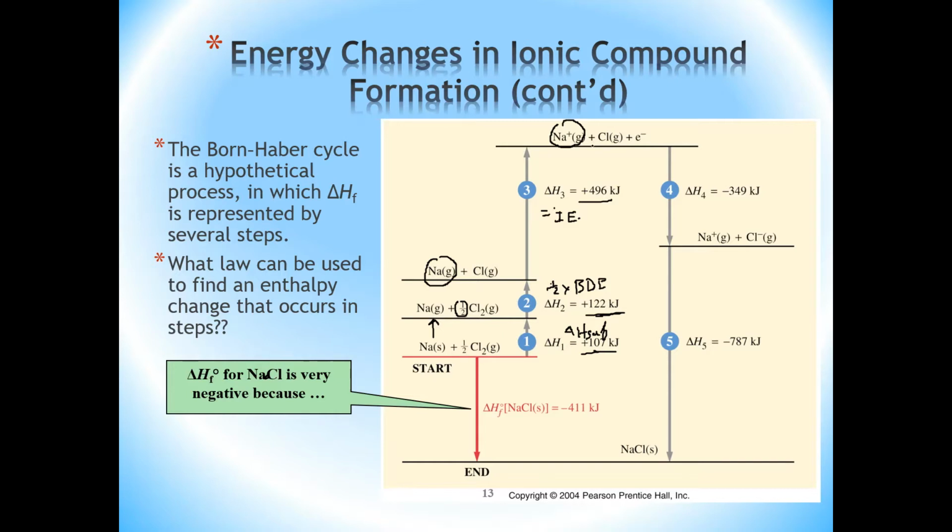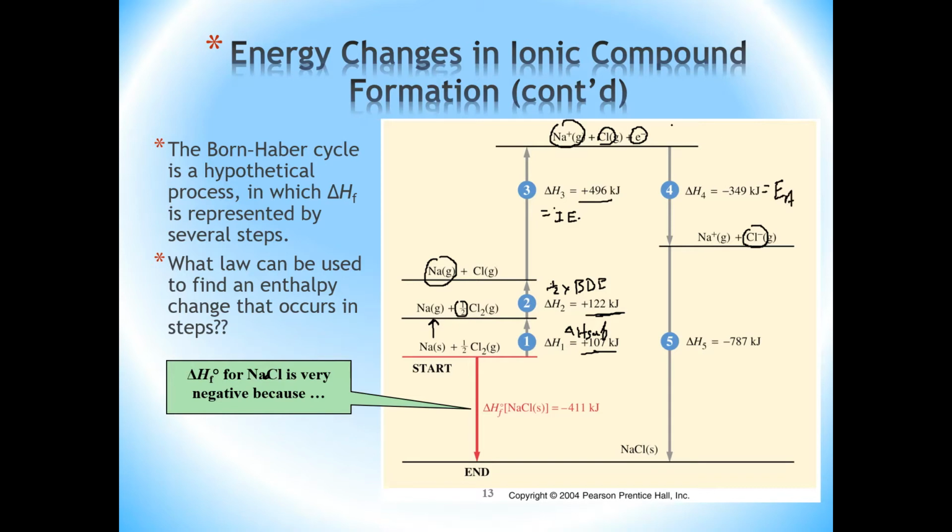In step 4, the chlorine atom gains this electron to form the chloride gaseous ion. The enthalpy change here is the electron affinity.